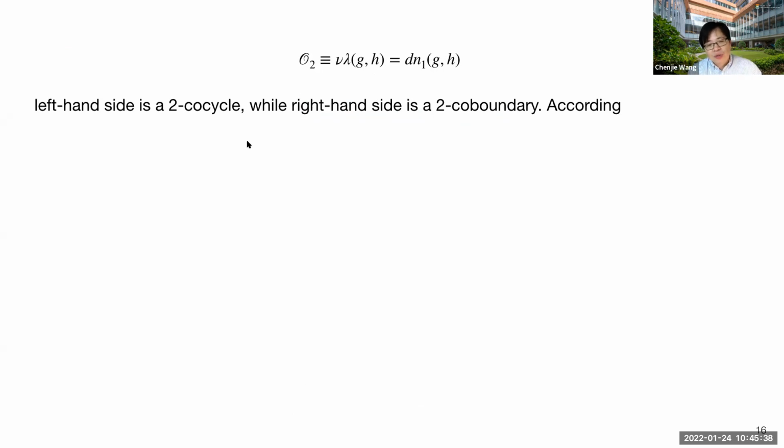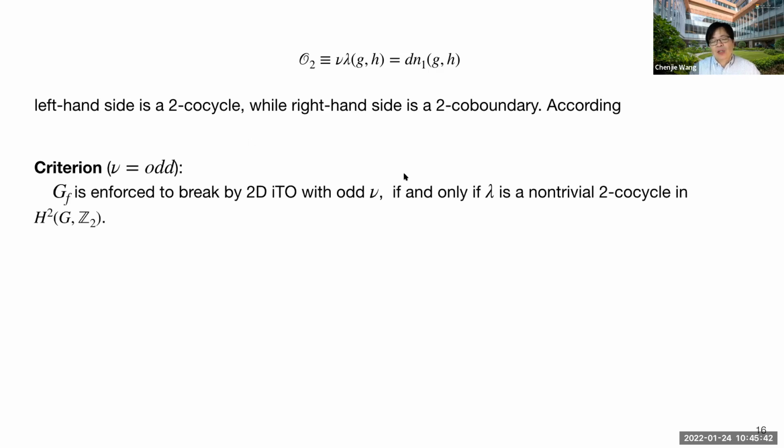Mathematically this is not always true, but physically we require it to be true. So we arrive at the criterion for odd nu: G_F is enforced to break by a 2D invertible topological order with odd nu if and only if this lambda is trivial, because the right-hand side is a coboundary.